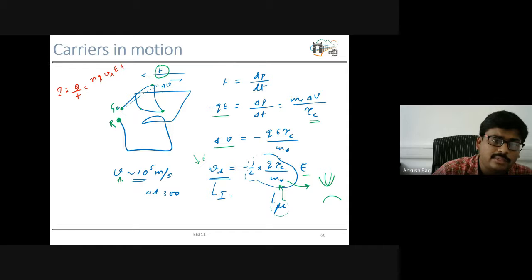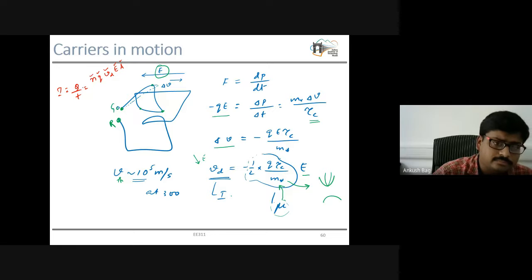Now we need to multiply by area. This is the cross-sectional area of your device. This is the electric field, or the voltage per unit length we are applying across our device. This is the drift velocity. This is the electronic charge, and this is the number of carriers.